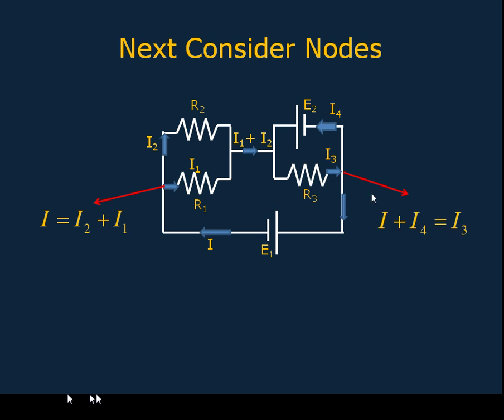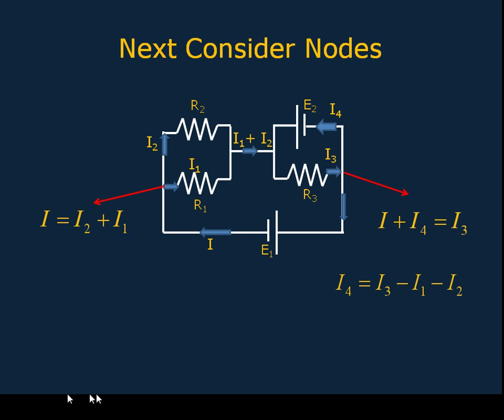At this node, we have I plus I4, both of them leaving the node, equals I3 entering the node, and the two equations combined, they both have the I's, and you can subtract the two equations after rearranging and write I4, which is here on the left hand side, in terms of I3 and the I substituted from that equation. So there it is, and so now we know I4.